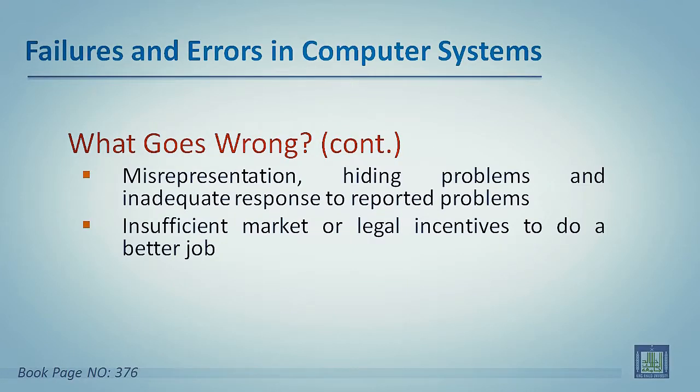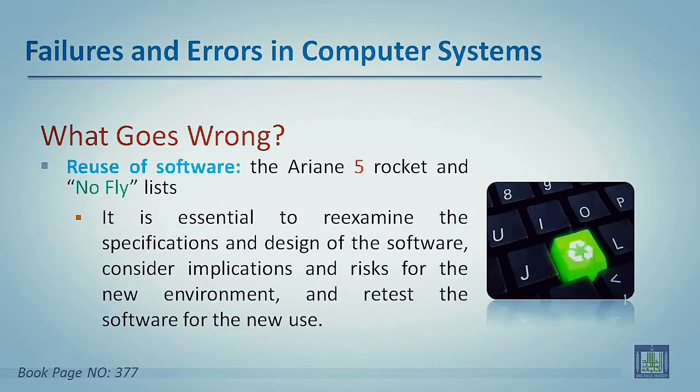Moreover, misrepresentation, hiding problems, and inadequate response to reported problems, as well as insufficient market or legal incentives to do better jobs, could be important factors in causing failures and errors in computer systems.